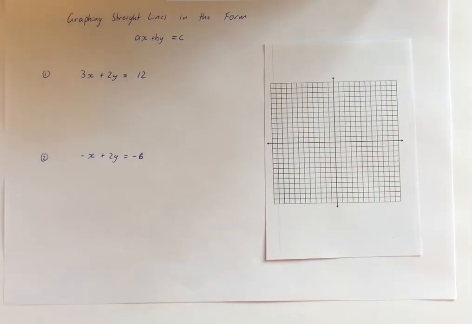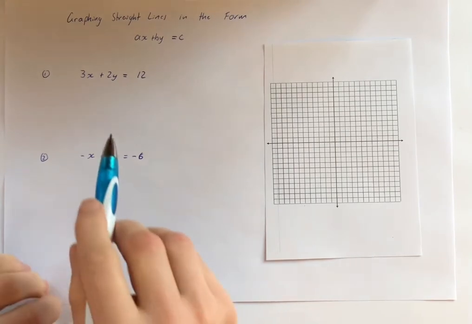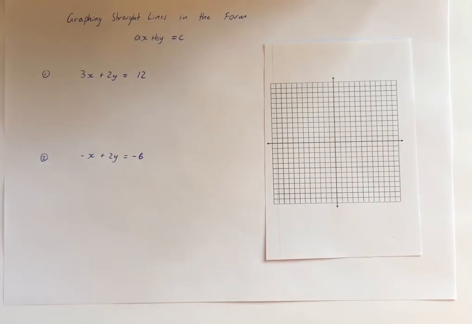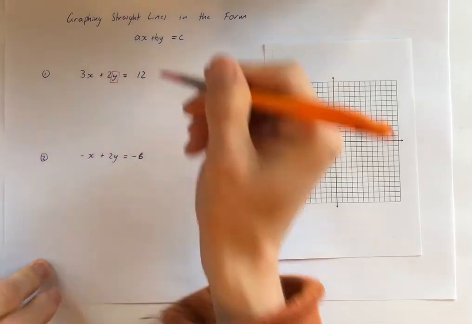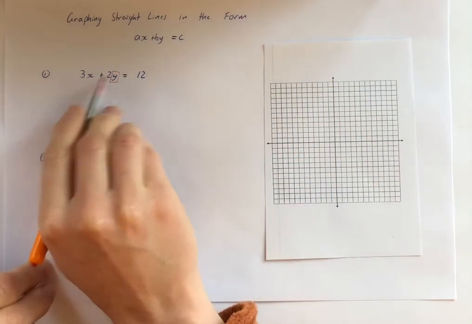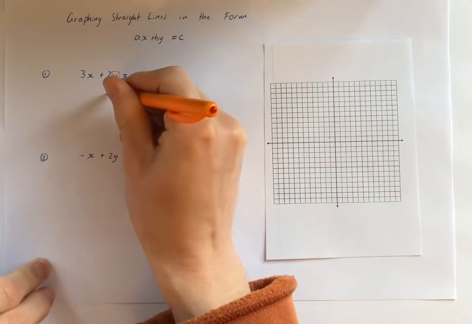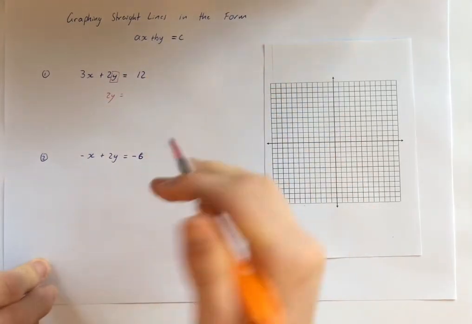So maybe that would be the first way that we would go about doing this question here. 3x plus 2y equals 12. It's not in the form y equals mx plus c, so we basically want to rearrange it to make y the subject of the equation. We have to subtract 3x off both sides. So 2y, and we want an mx plus c.